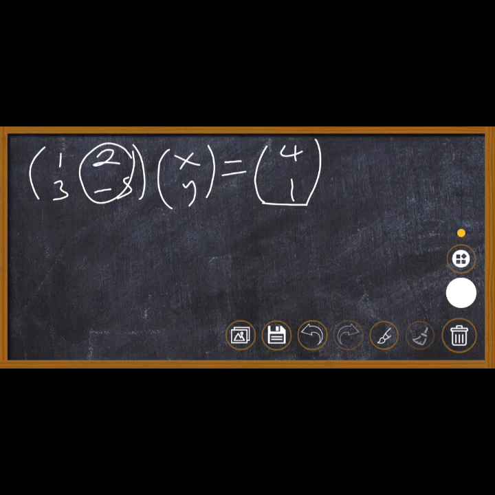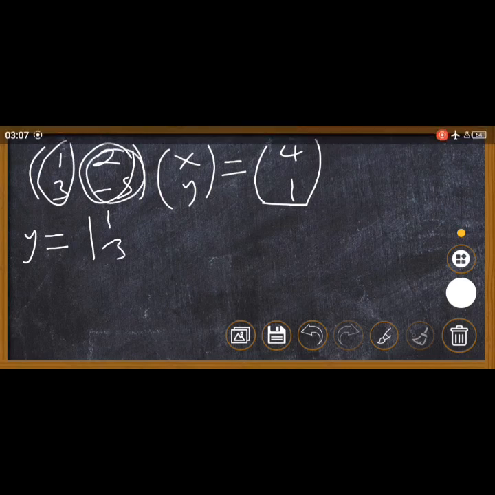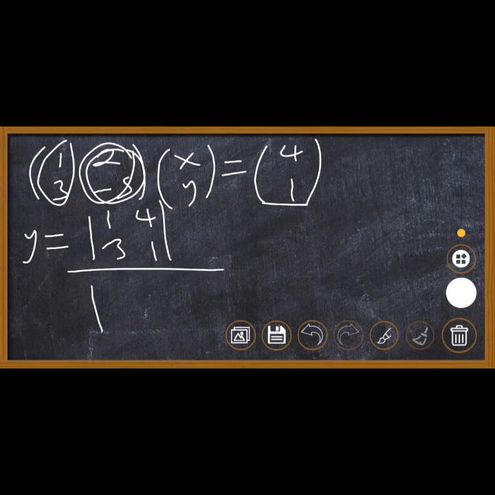So let's do that. So y will be, this will just be 1, 3, and then here we are going to replace with 4 and 1. Over here we are just going to write the original matrix, which is 1, 3 and then 2, negative 5.